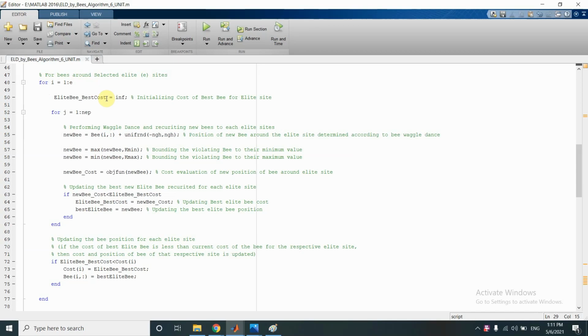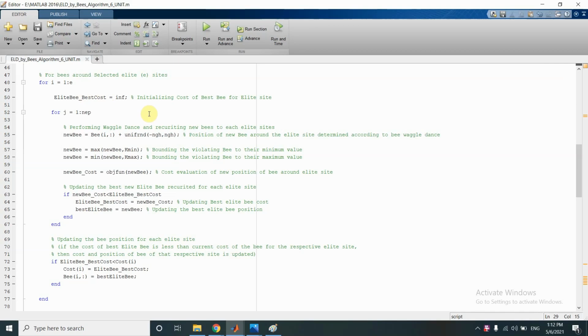So what happens is that for any elite site, an EP number of bees are sent to search for food in the neighborhood of that site, and this elite bee best cost denotes the best cost found by those new bees that were sent to the neighborhood of that particular elite site.